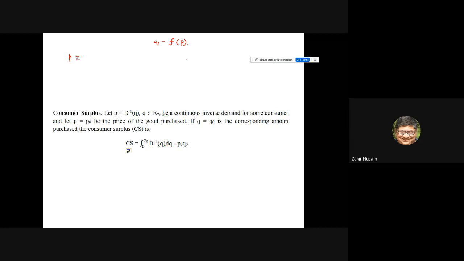And so this is the consumer surplus. So we take the inverse of the function and let us say this is Q0.